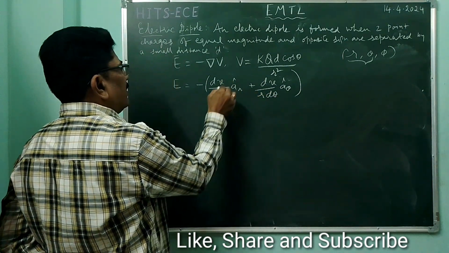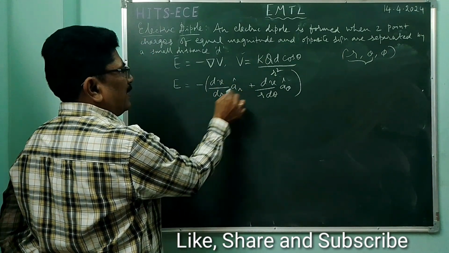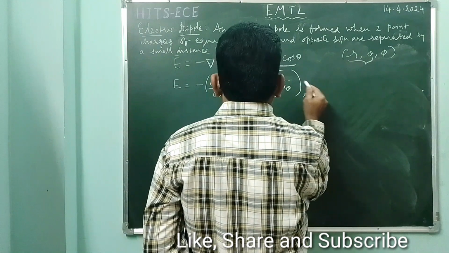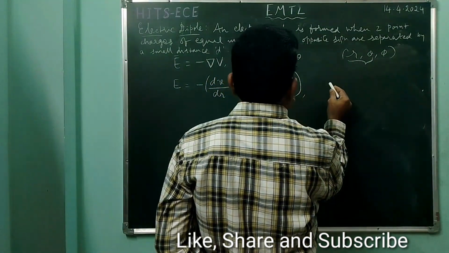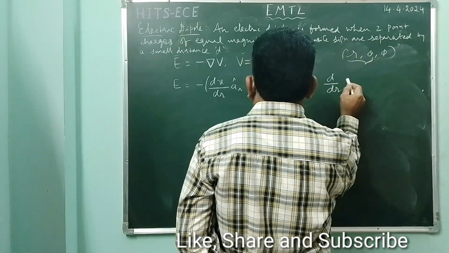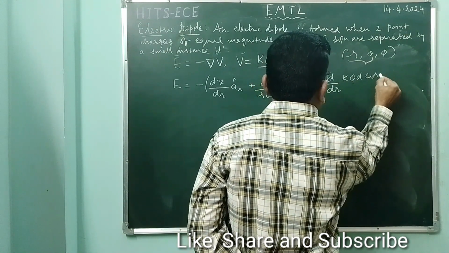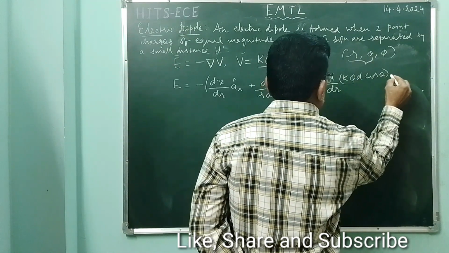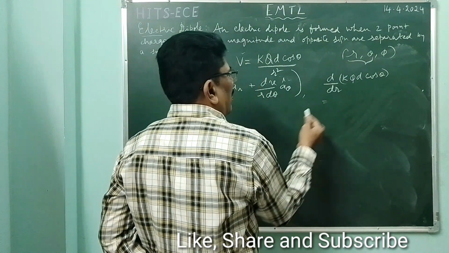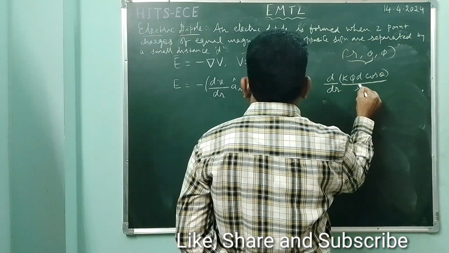Let us differentiate this expression with respect to r first and then with respect to theta. With respect to r, that is d by dr of K QD cos theta by r square. Let us take out the constants, only we are differentiating with respect to r.